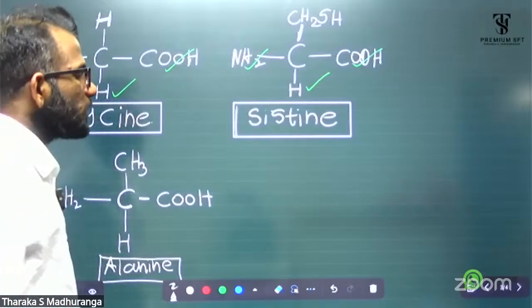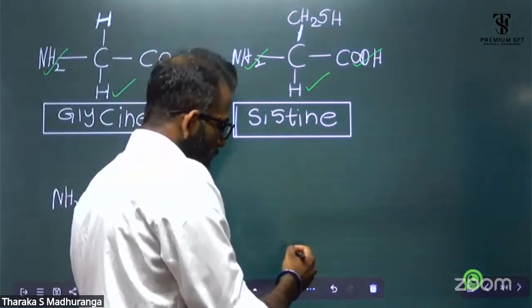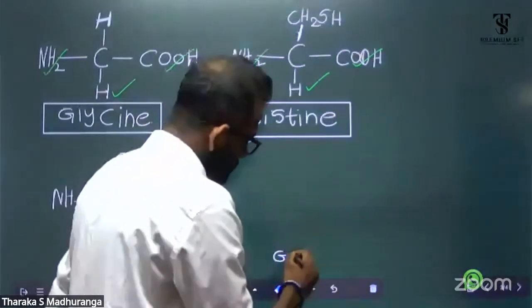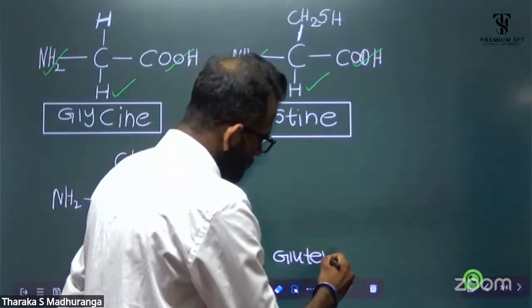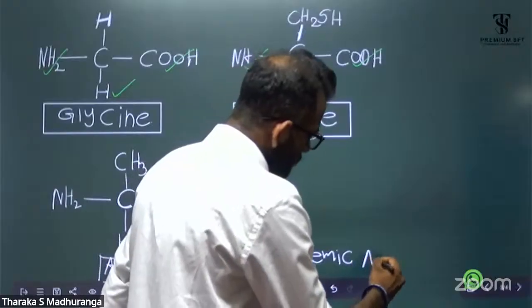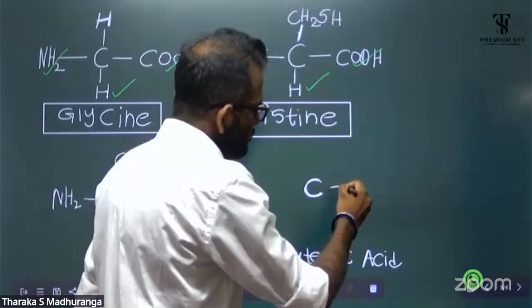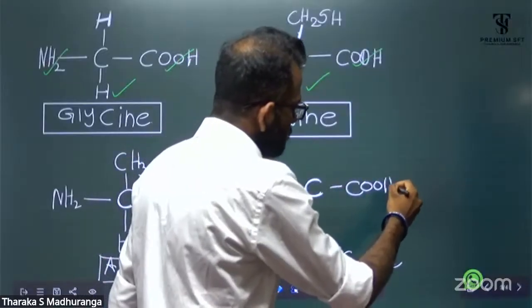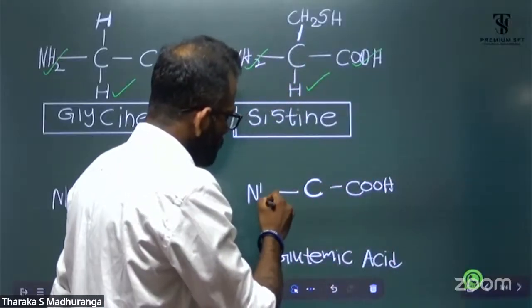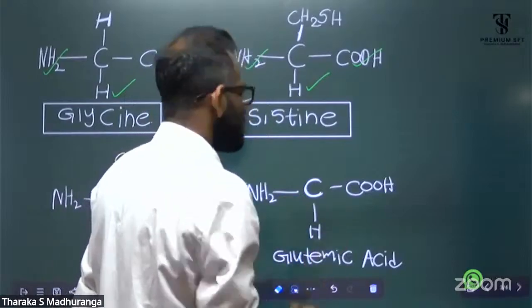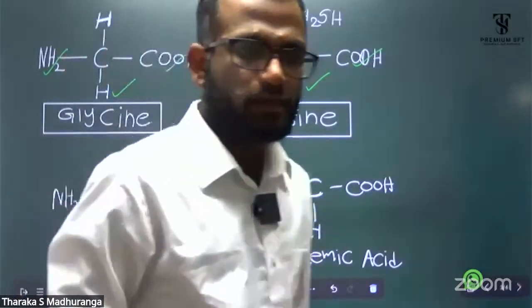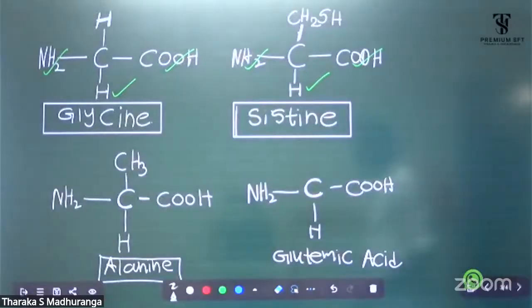Fourth one, glutamic acid. Alpha carbon, COOH the carboxylic group, NH2 the amine group, hydrogen. Give me a second.